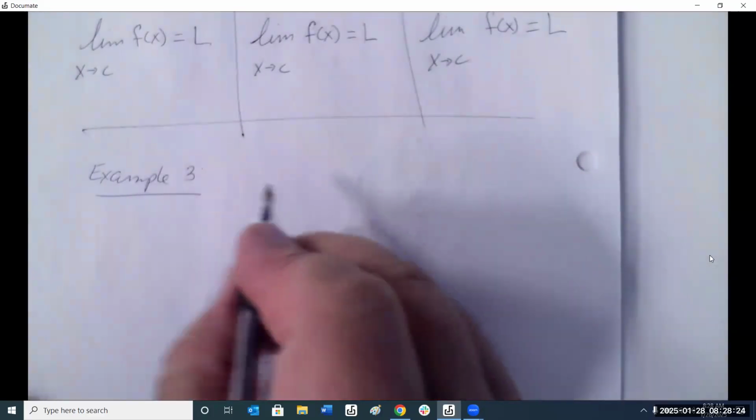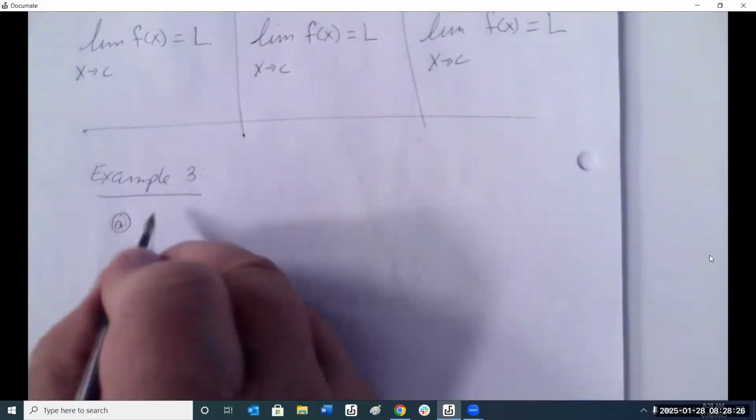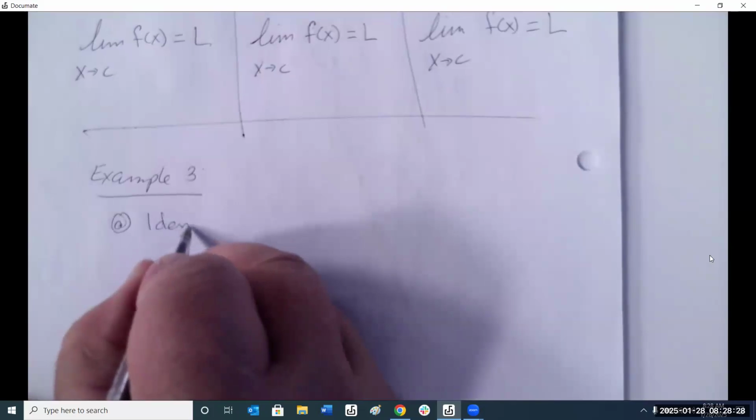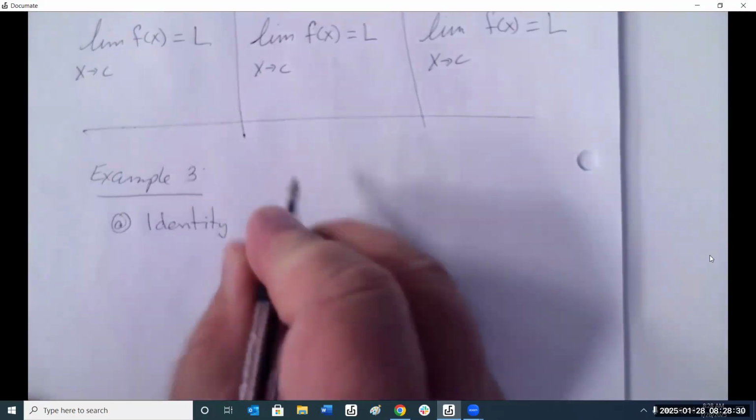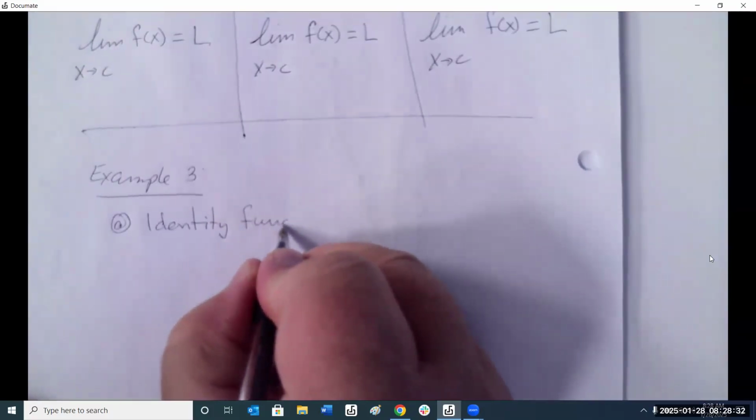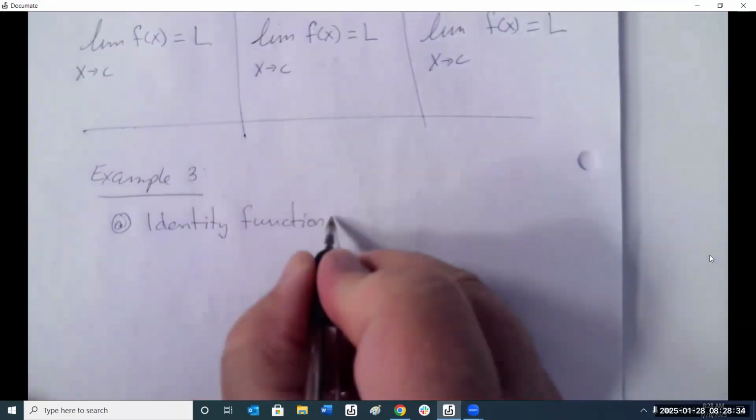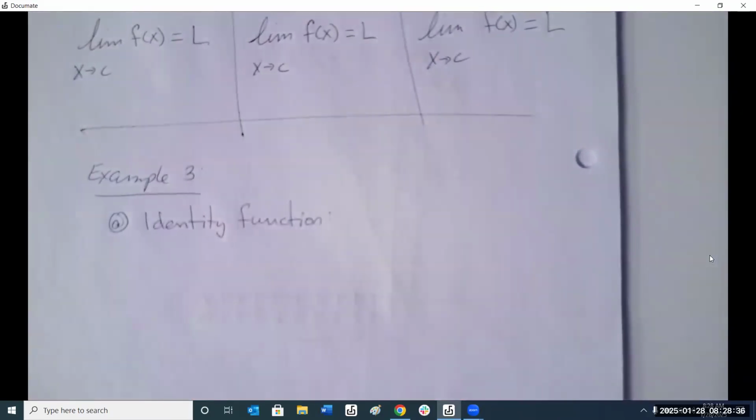Example 3. What is an identity function? What is an identity function?